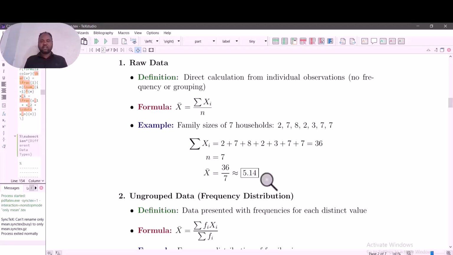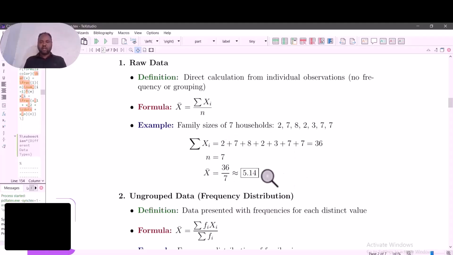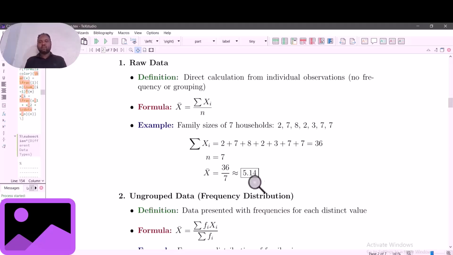So the average family size per household is 5.14. These are counts, with no unit of measurement. We can say 5.14 individuals.